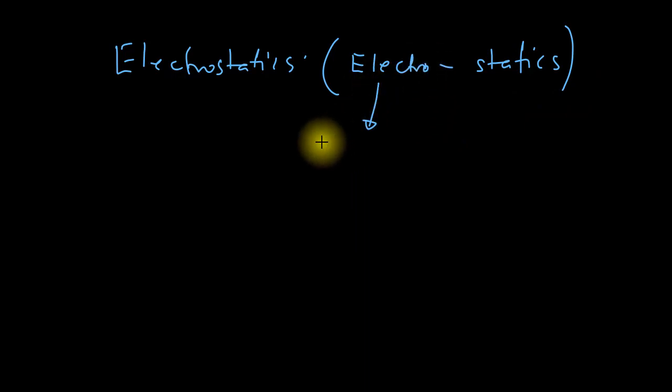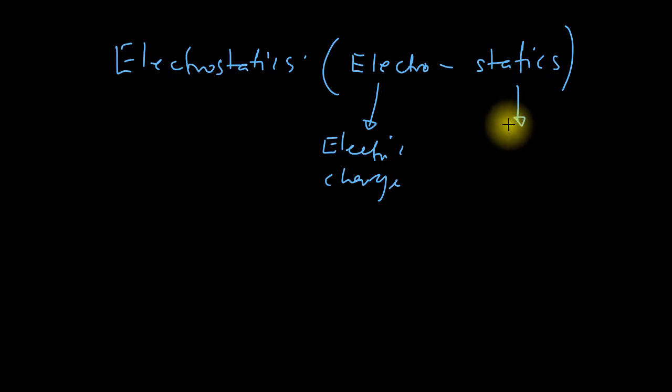Electro is short for electricity or electric charge. And you know very well from mechanics, which is a branch of physics, that statics means the study of objects at rest.